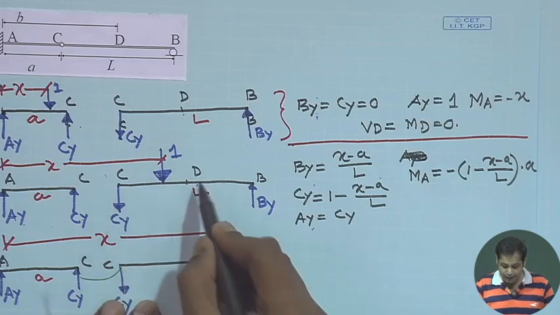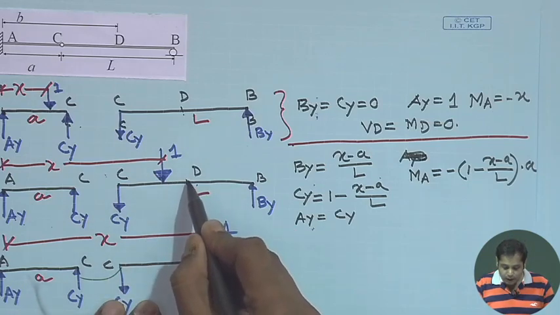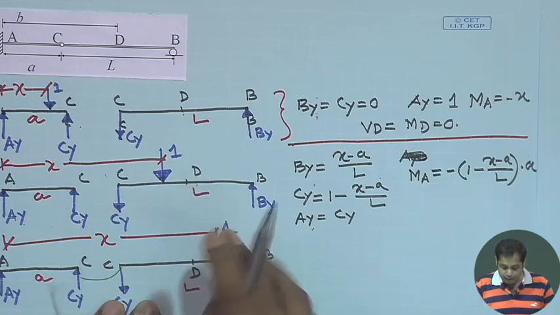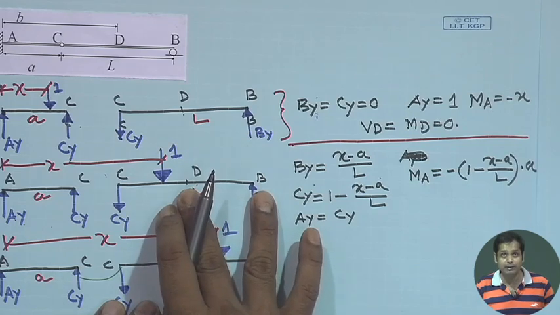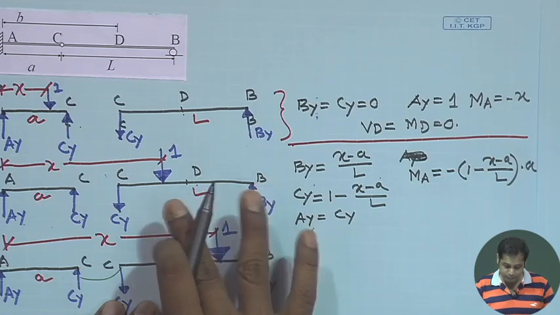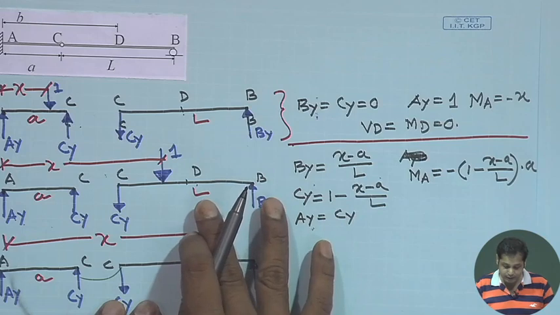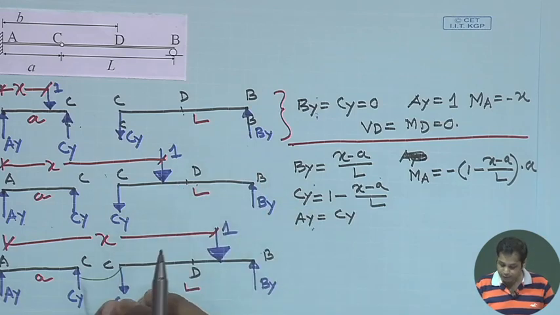Once we have the moment, let us find out Vd and Md here. Again, we can draw the free body diagram of dB and apply the equilibrium condition to get the expressions for Vd and Md.